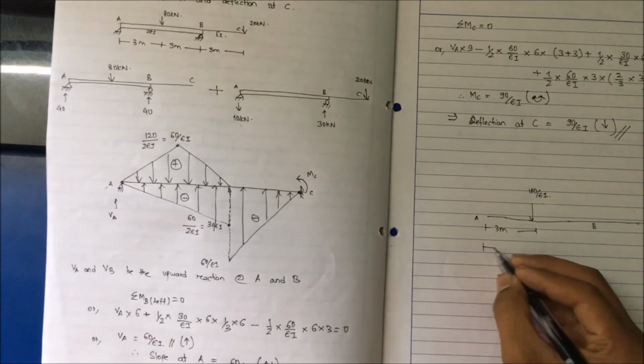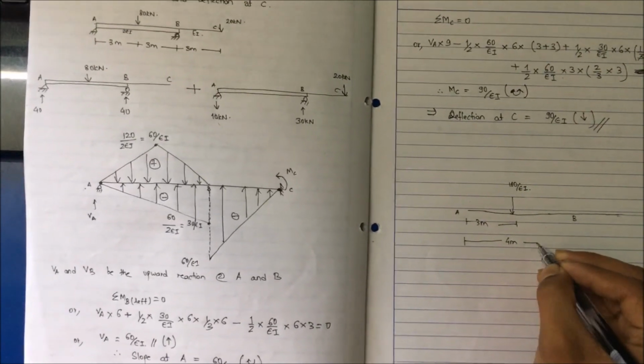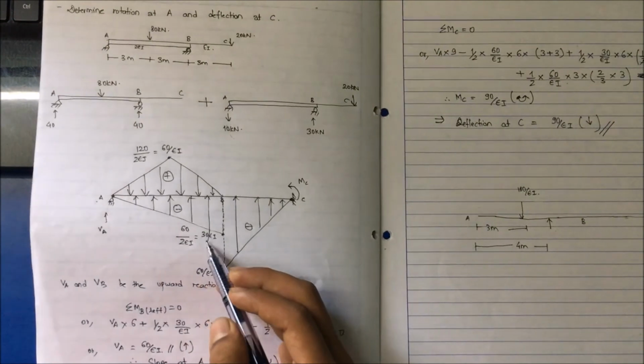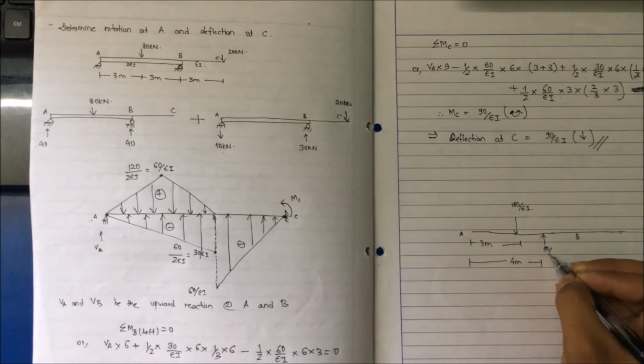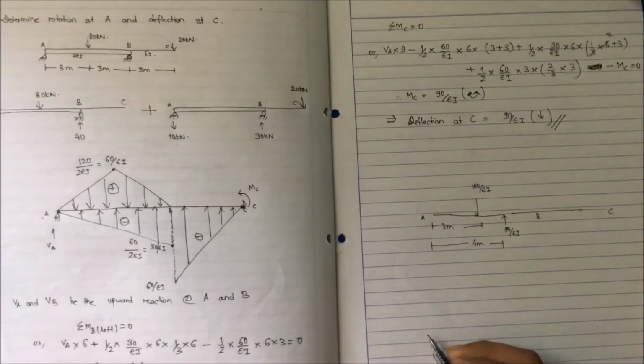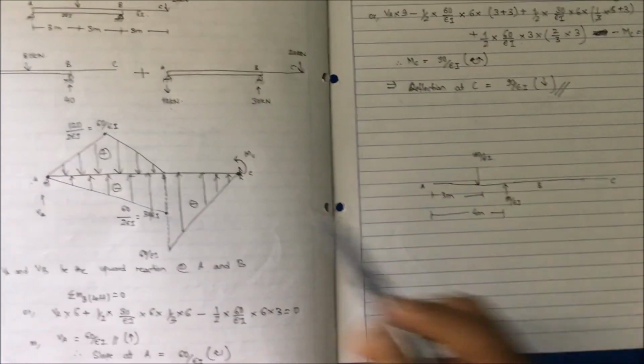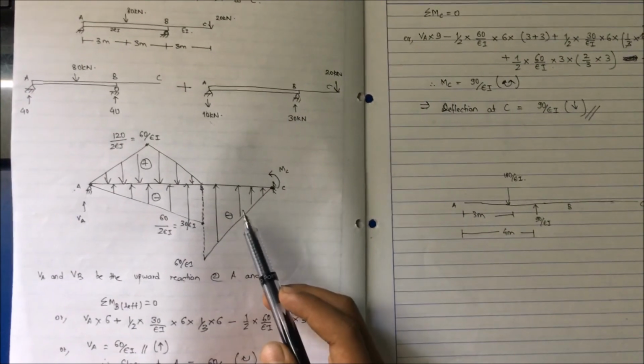So at 4 meters somewhere in the AB portion, 90 kilonewton, that is 90 by EI, will be acting, vertically upward, in this direction. Similarly, this portion is also a triangle.